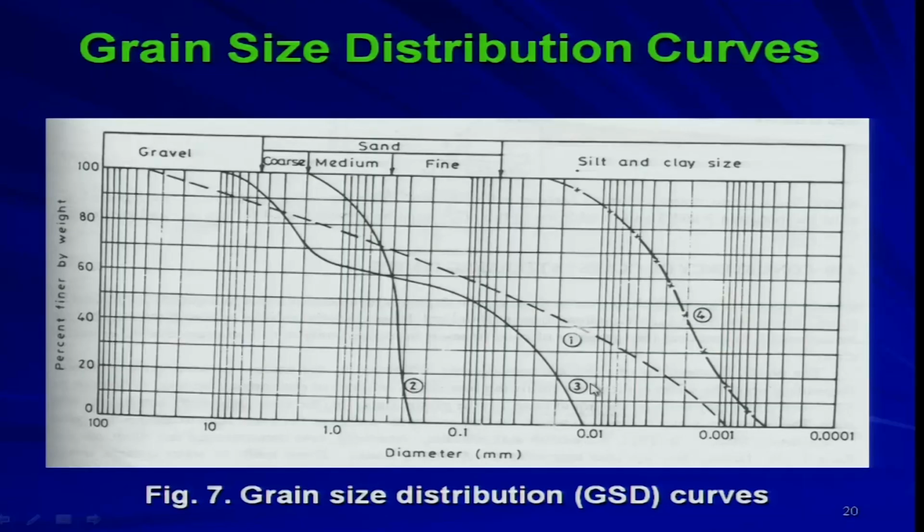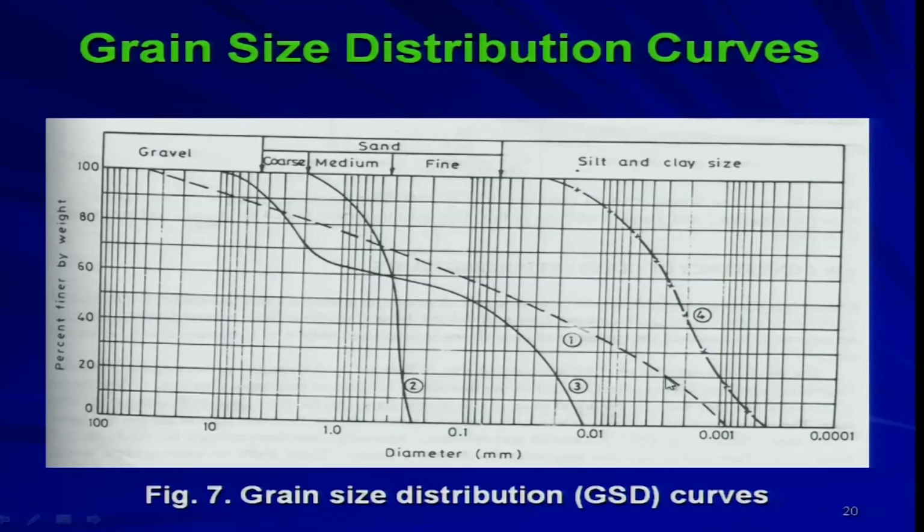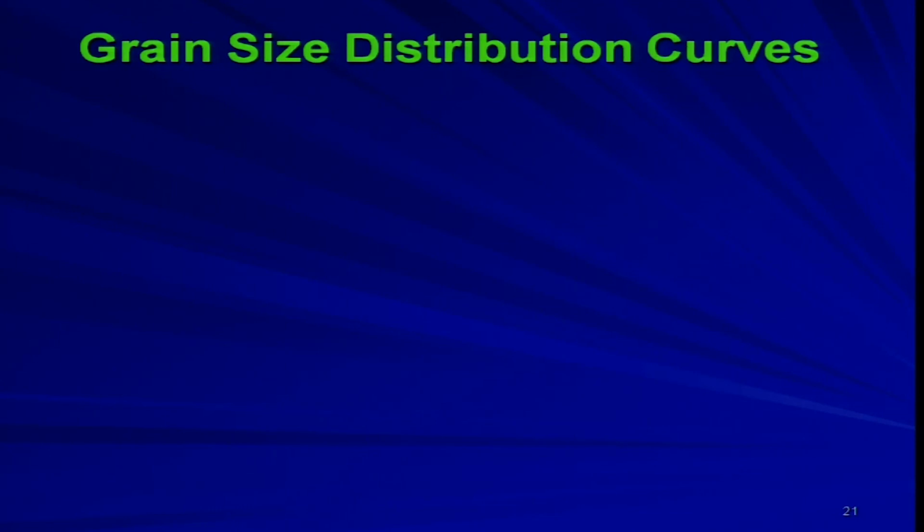Whereas, if you take any other point, say this is your 20% finer, this is the diameter corresponding to the 20% finer representative sample. That means 20% of your sample is finer than this diameter. So, based on that we can determine or say a few things.